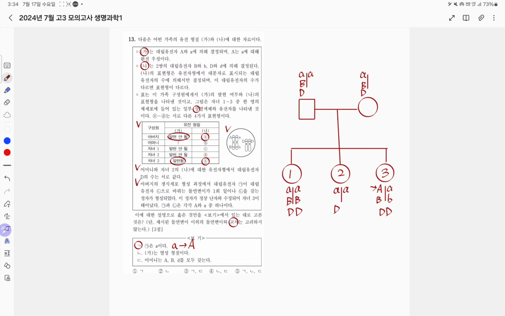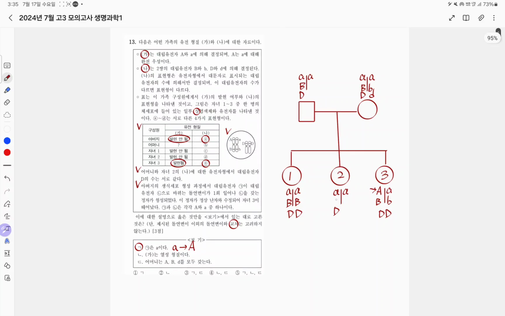So the remaining alleles should be all lowercase. And child number 2 has 1 capital D, and that's the maximum number. So for the remaining alleles, child number 2 must have all lowercases.